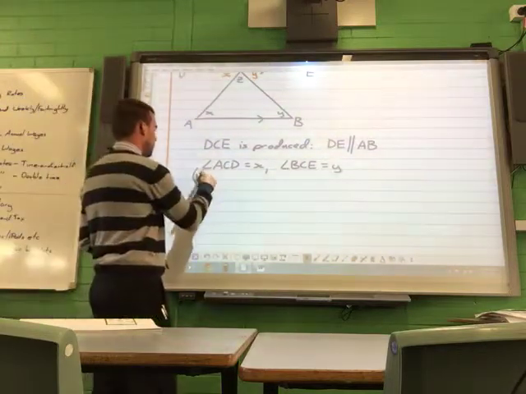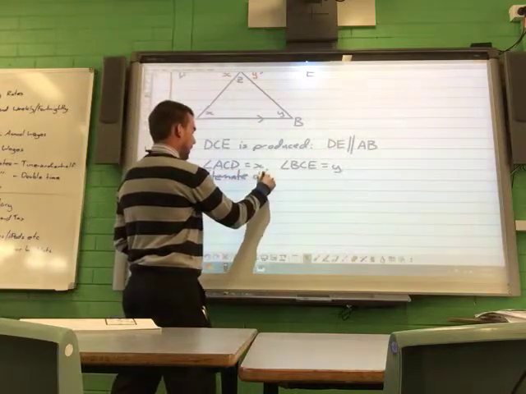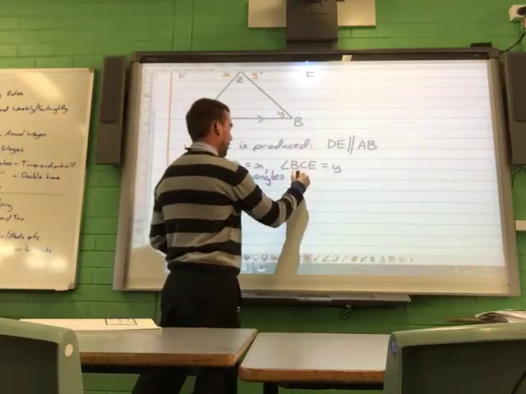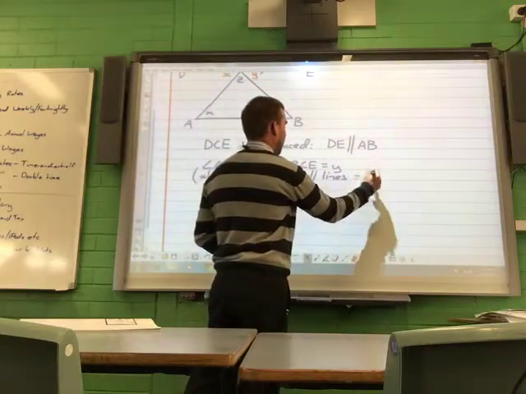Okay, we need a reason. Alternate angles on parallel lines are equal.